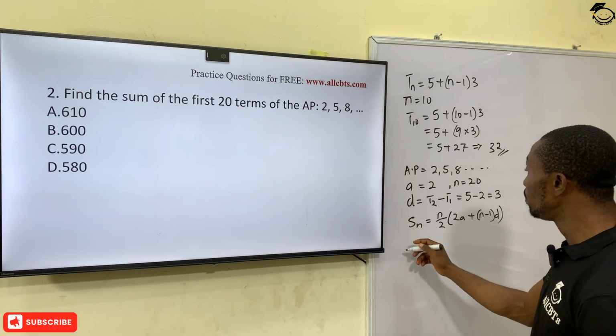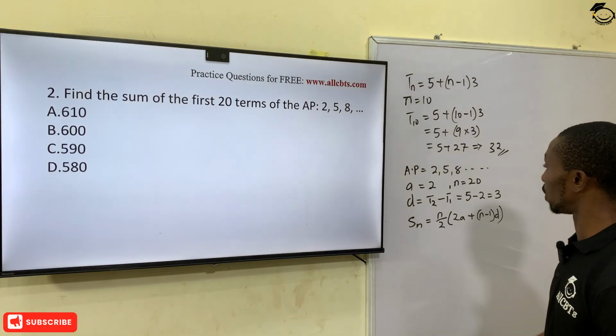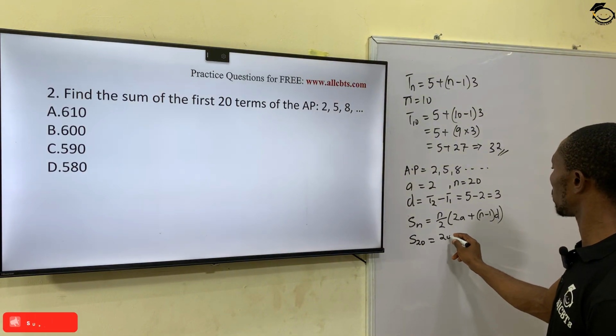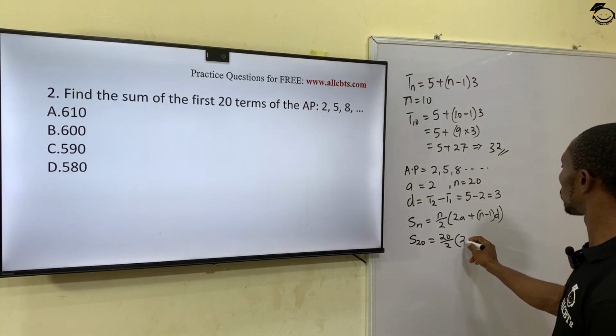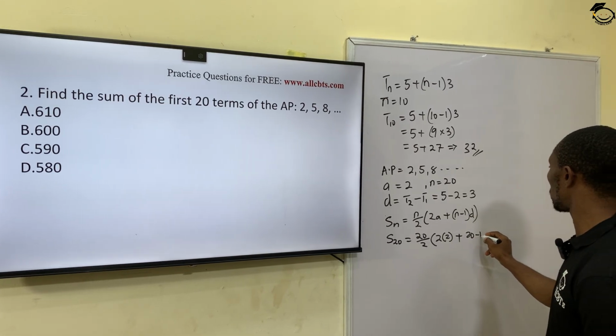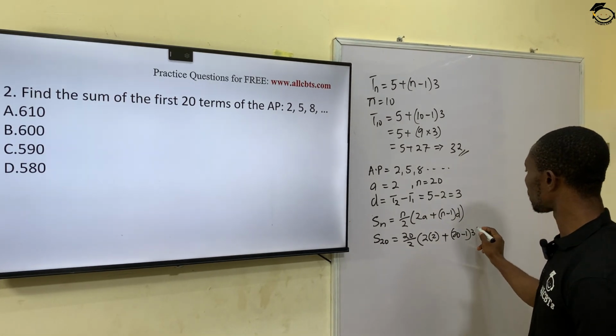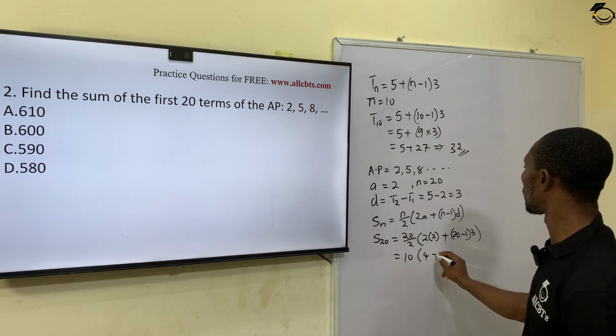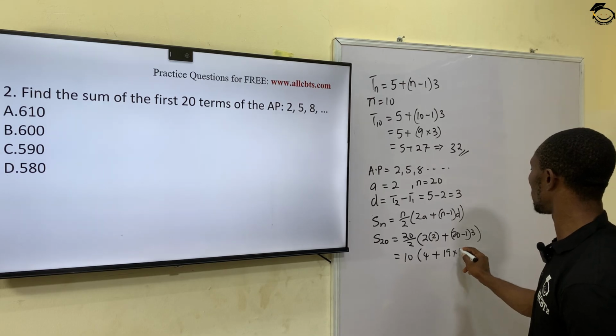Substituting, we have S20 equals 20 over 2 bracket 2 times 2 plus 20 minus 1 times 3. This gives us 10 bracket 4 plus 19 times 3.